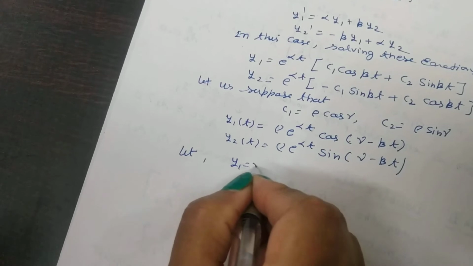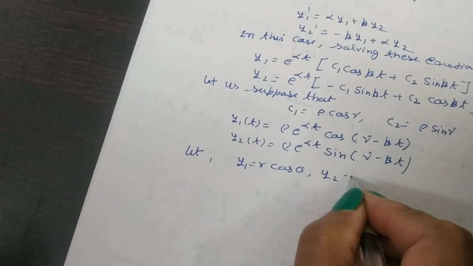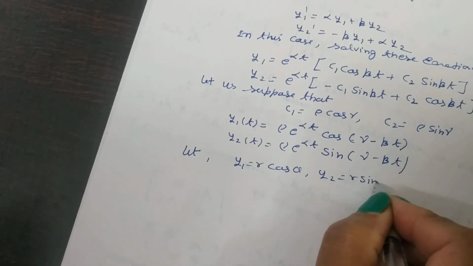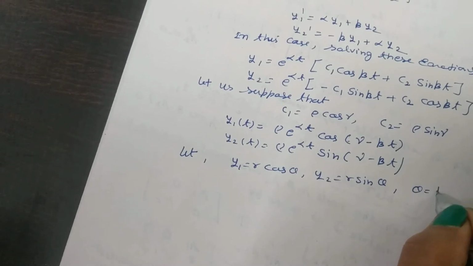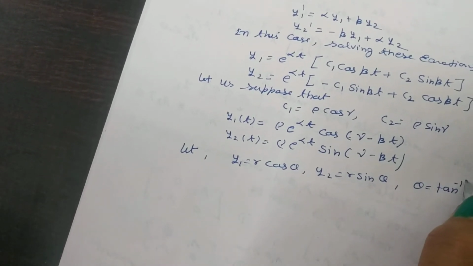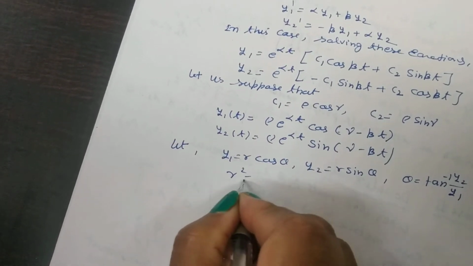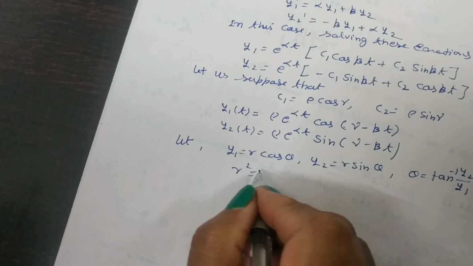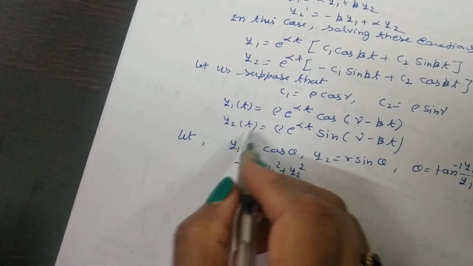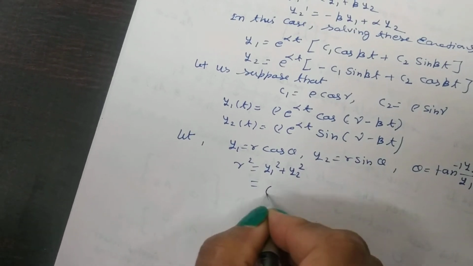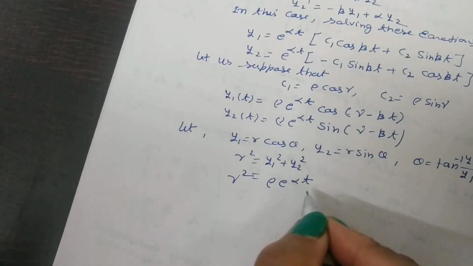Now let y1 be equal to r cos theta and y2 be equal to r sin theta. From this, it is clear that theta is equal to tan inverse of y2 by y1, and r square is equal to y1 square plus y2 square, which is equal to rho e to the power alpha t, so r square is equal to this.